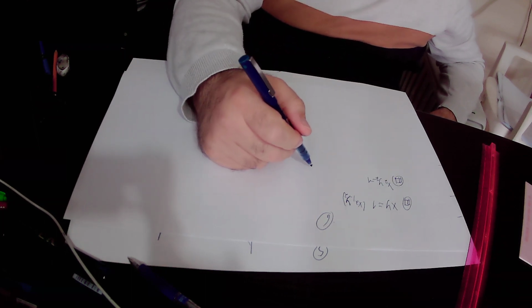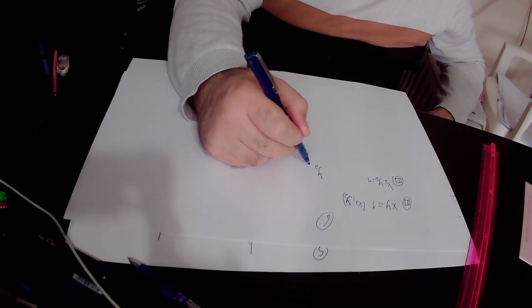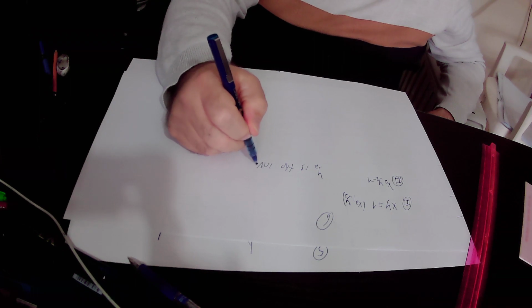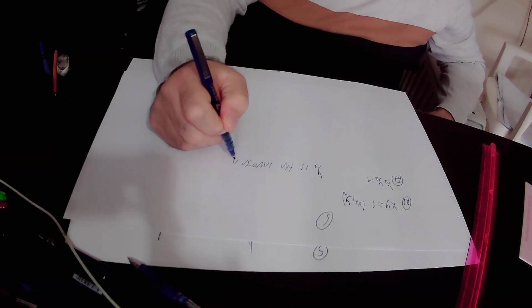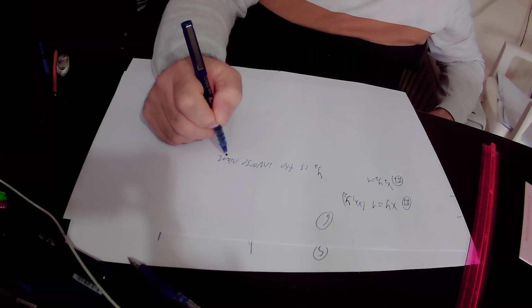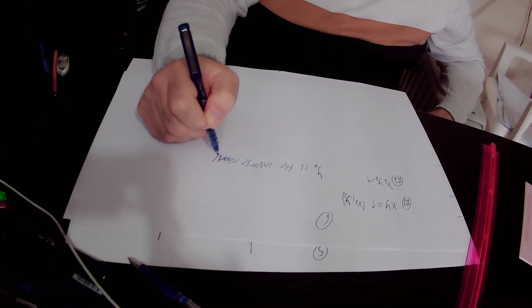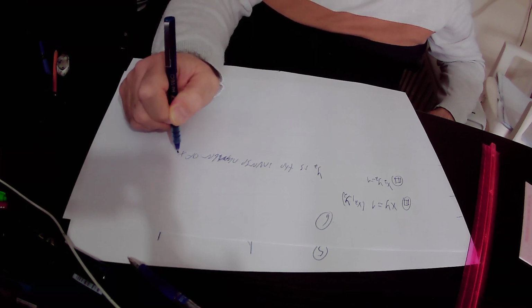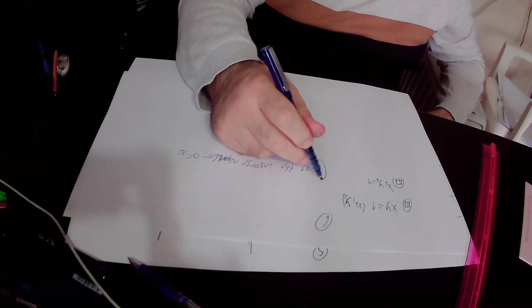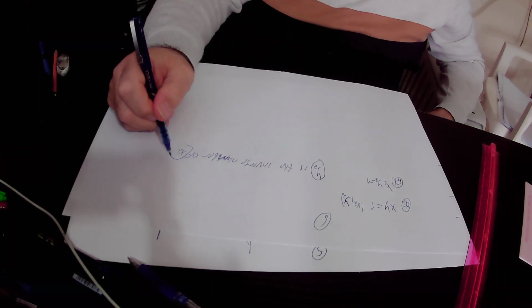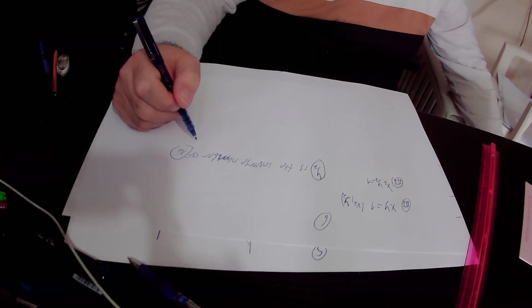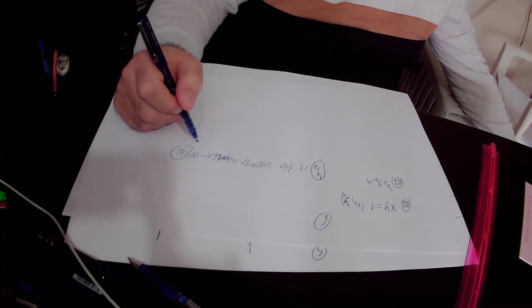What does it mean? It means that y2 is the inverse number of x2. But we have already found out that x1 is the inverse number of x2.